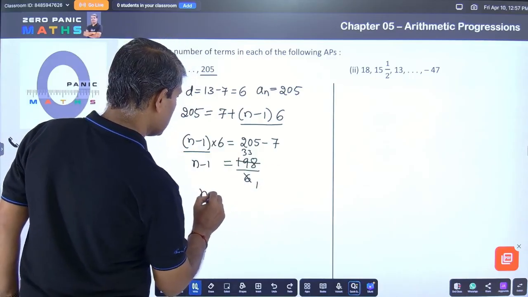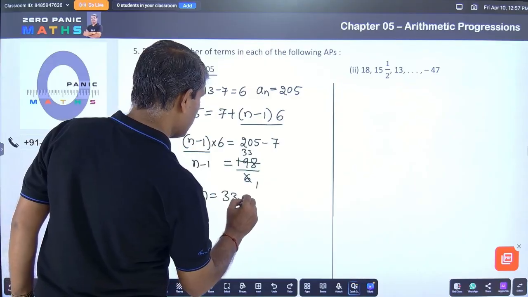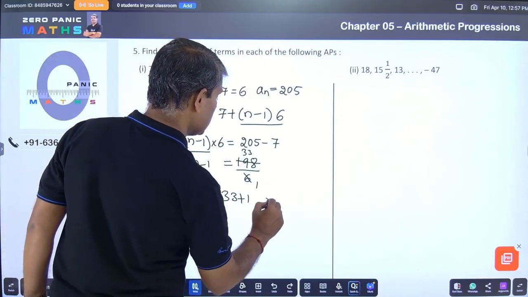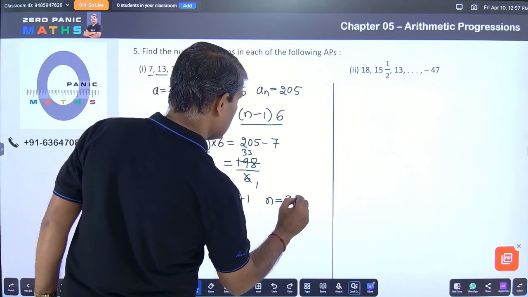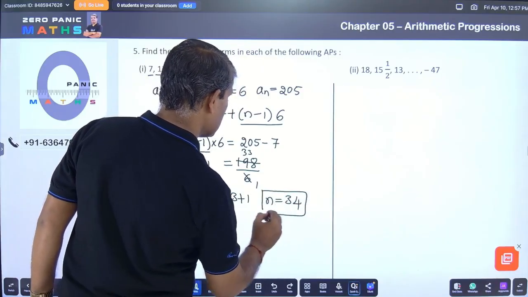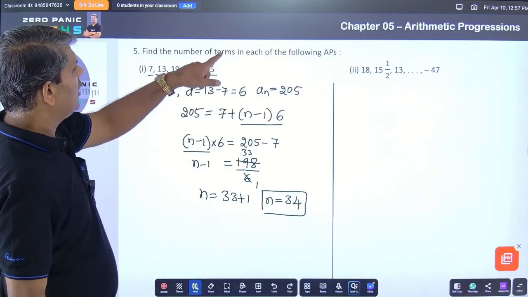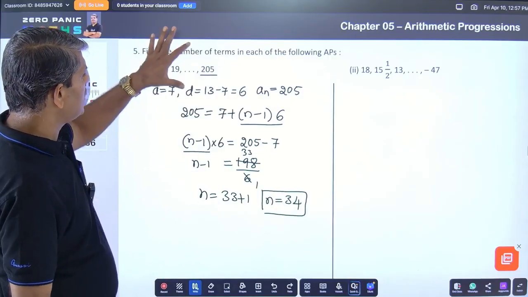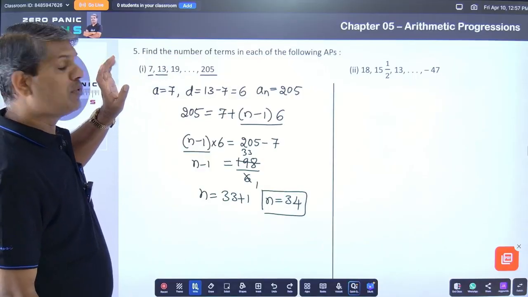So n is equal to 33 plus 1, which is n is equal to 34. So there are totally 34 terms in this arithmetic progression.